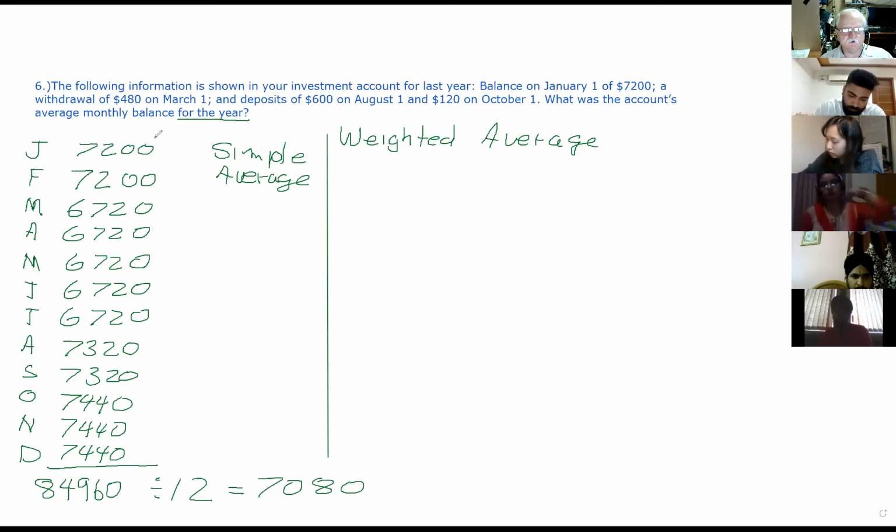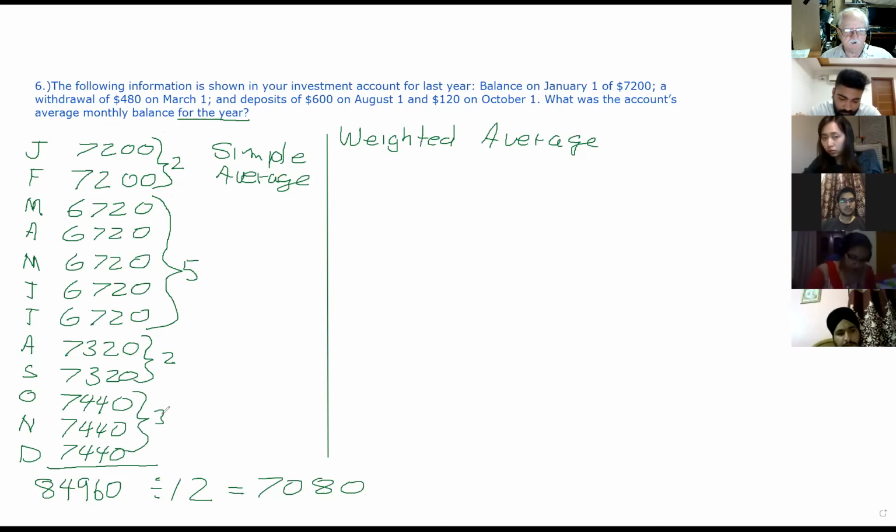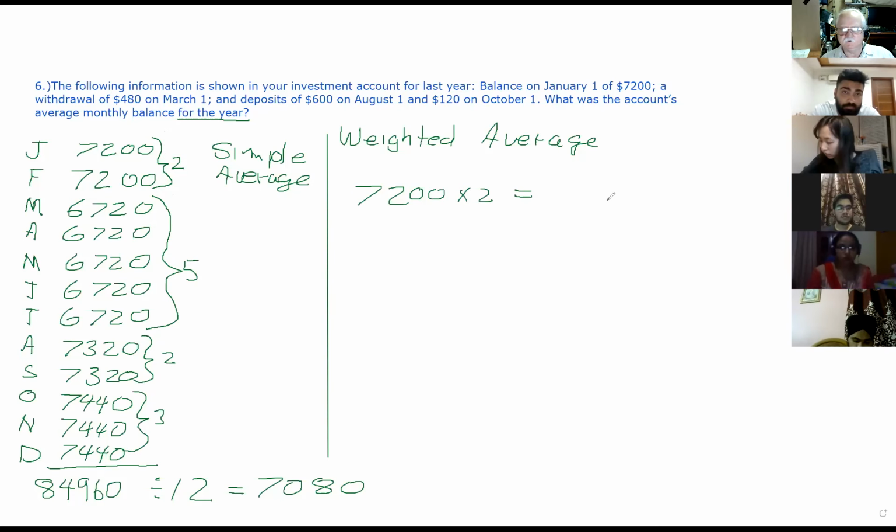With a weighted average, we're going to group these things together. We can see there's 2 of these, 5 of these, 2 of these, and 3 of these. So we'd go 7,200 times 2, and hopefully someone will tell us what that is.